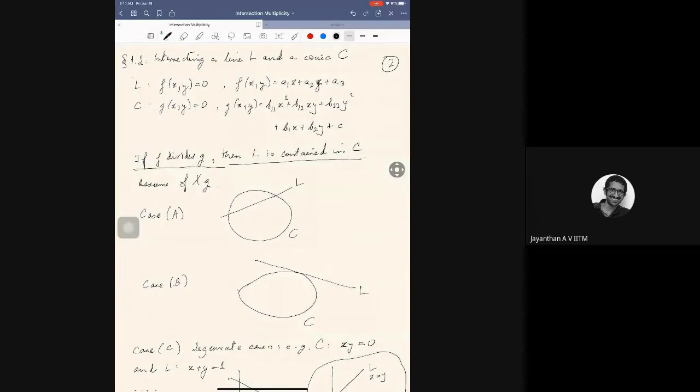Okay, the next simplest case is when intersecting a line and a conic. So it's true that I should be writing down homogeneous polynomials in 3 variables, but I'm writing it in polynomials in 2 variables by setting the third variable equal to 1. So my notation is still that of the affine plane.